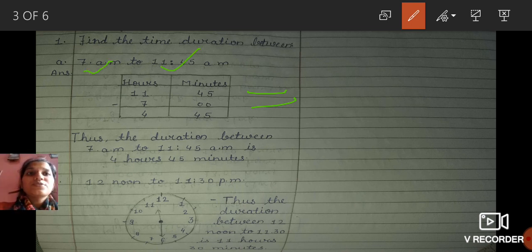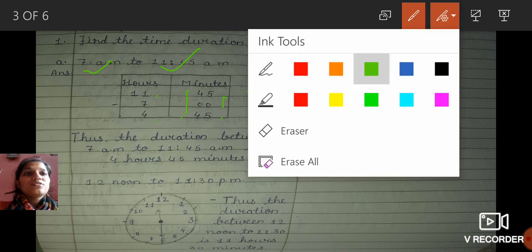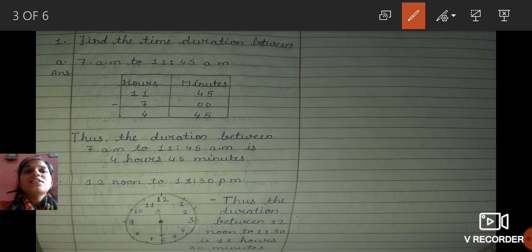Okay, so here we can see that 5 minus 0 is 5, 4 minus 0 is 4, 11 minus 7 is 4. So that means our answer is, thus the duration between 7 a.m. to 11:45 a.m. is 4 hours and 45 minutes.